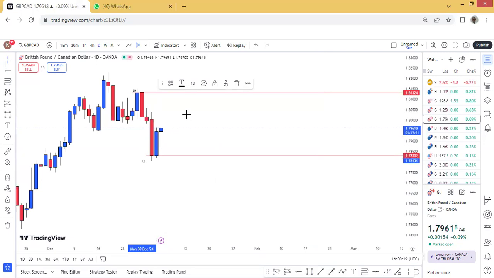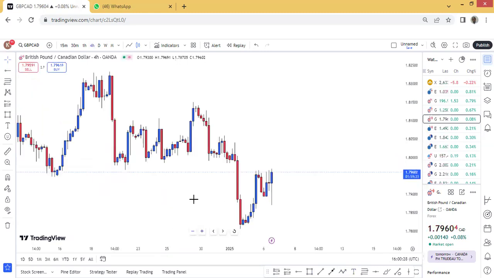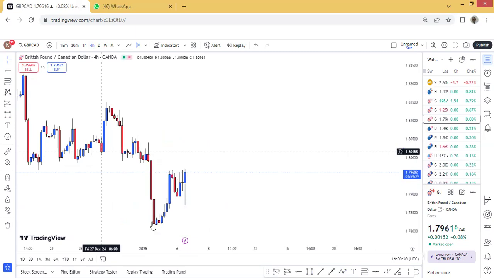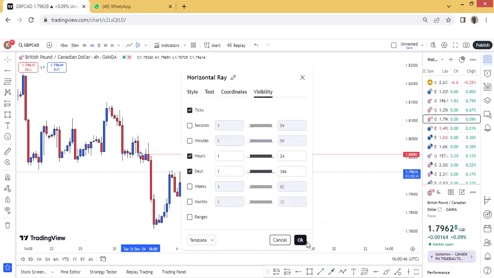So on daily, we are bearish. And on 4 hours, we are bearish too. Yes. I hope you are seeing it. So let's be sure we see it only on the 4-hour chart.